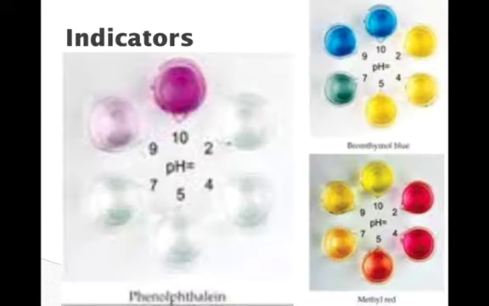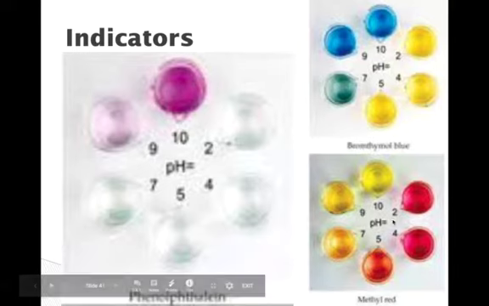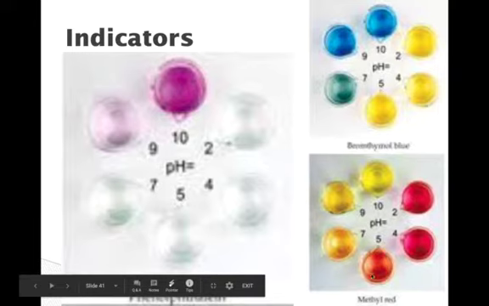Here are some examples. This one up here is called bromothymol blue. As you can see, it starts yellow at the low pHs, so in the acidic range. It turns green at neutral, at water, and it is blue in the basic range. Methyl red's another, red to orange in the acidic range, sort of a gold at neutral, and yellow as we go more basic.